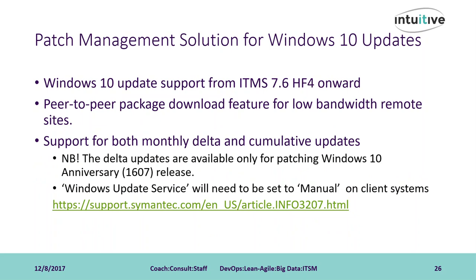The platform also supports both monthly Delta and cumulative updates. The Windows 10 monthly update package is a smaller file that contains only fixes for the selected month. The Delta updates are applicable to computers that have cumulative or Delta updates installed for the previous month.